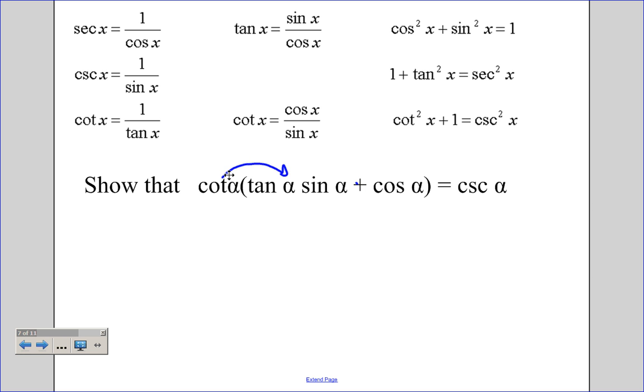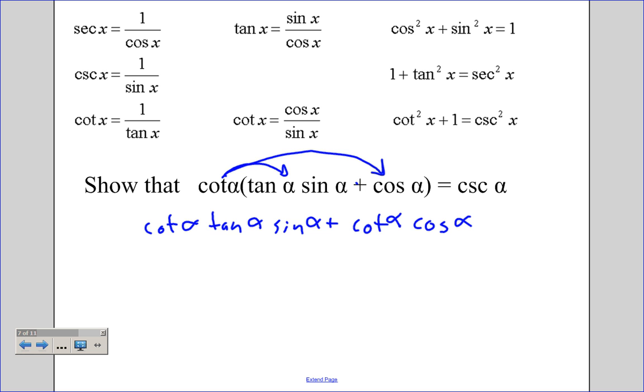I'm going to start by multiplying that cotangent of alpha over the parentheses. So I'll have cotangent alpha, tangent of alpha, sine of alpha, plus cotangent of alpha, cosine alpha. Now this is a good instance where we'd want to turn everything to sine and cosine.